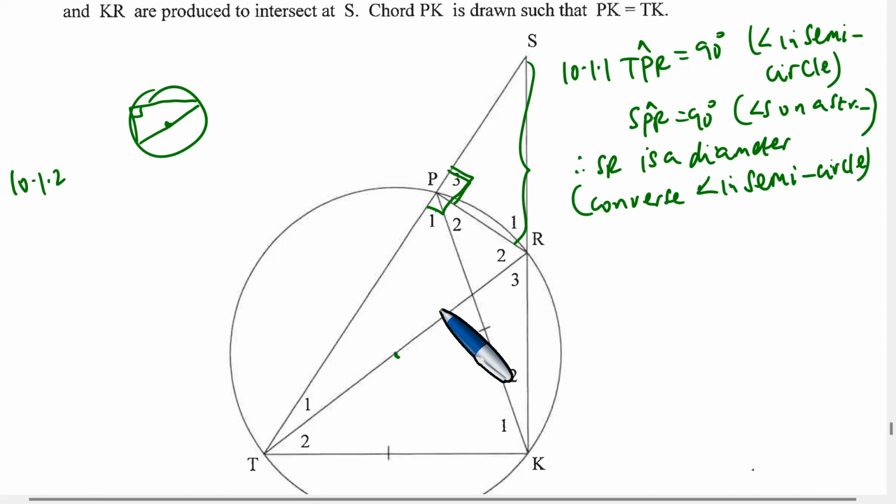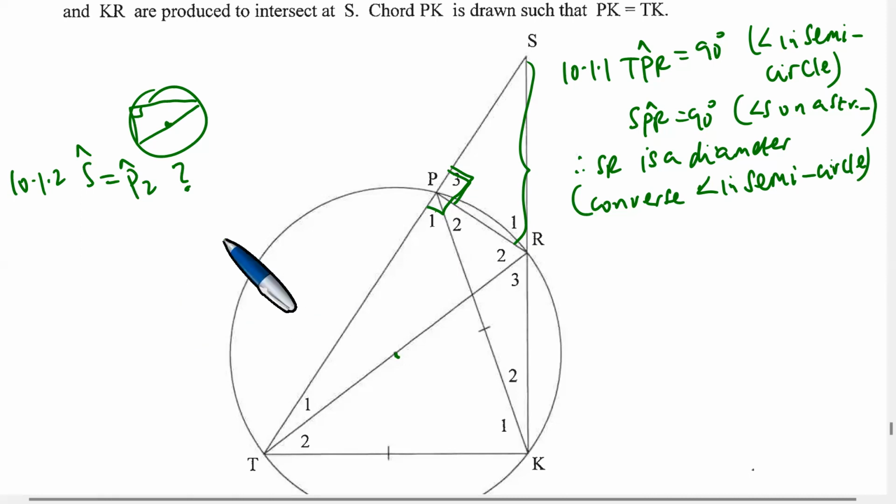So to prove that, we were required to prove that angle S is equal to the angle P2 is the question. Now, we need to prove this. Right, the proof of that is obvious.